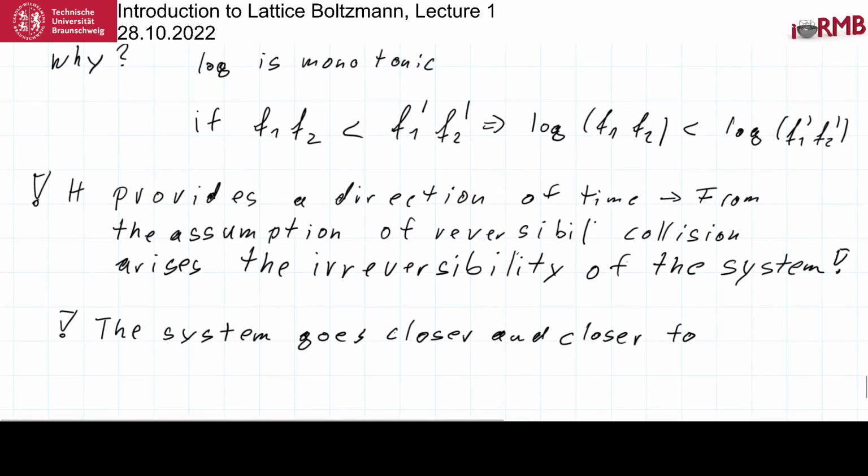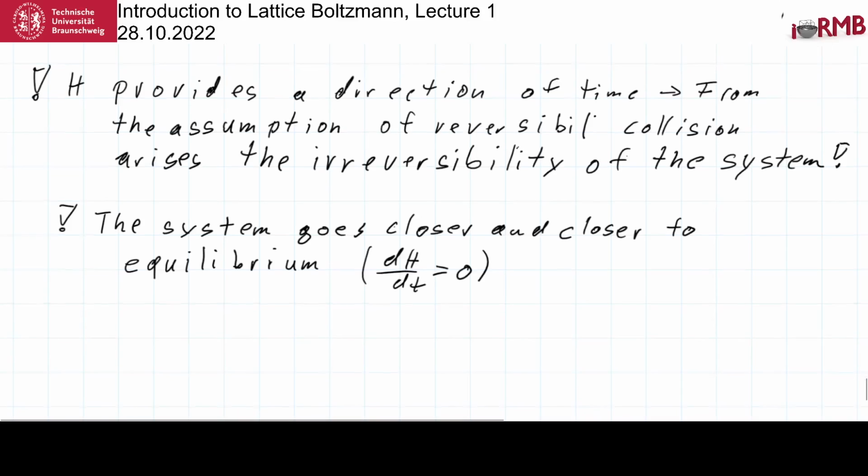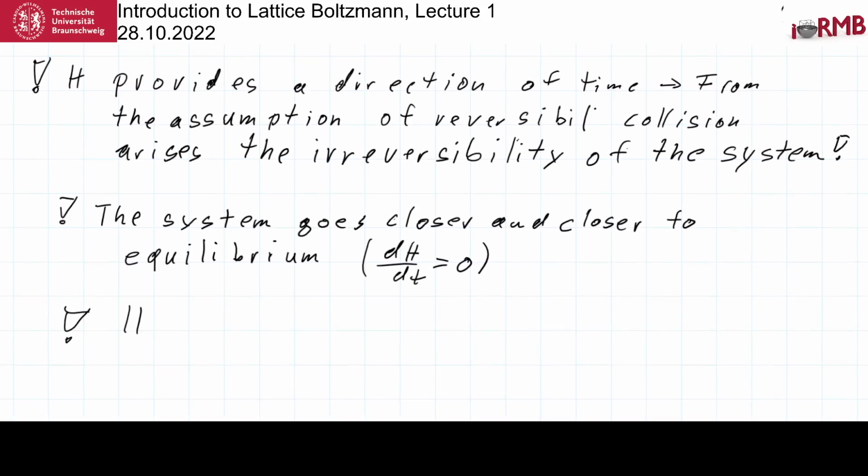Equilibrium is the state where entropy does not change anymore. So if this is 0, and this here is, eta is the scaled negative, so unfortunately it has the wrong sign, the scaled negative entropy.